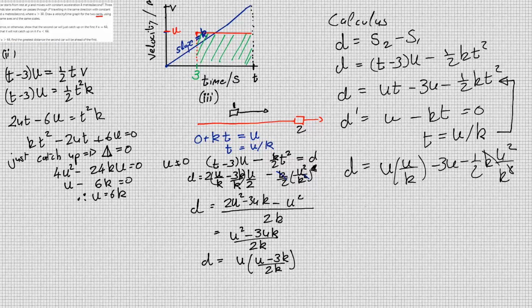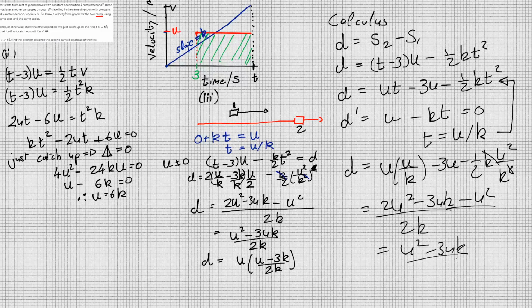The k's cancel. That's u squared over 2k minus 3uk over 2k, which equals u squared minus 3uk over 2k, so that's the same thing.